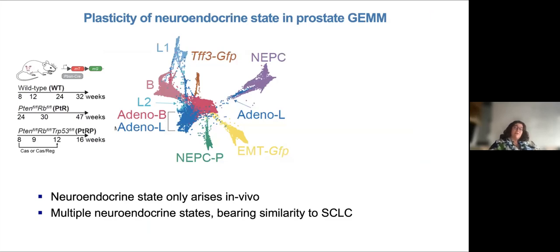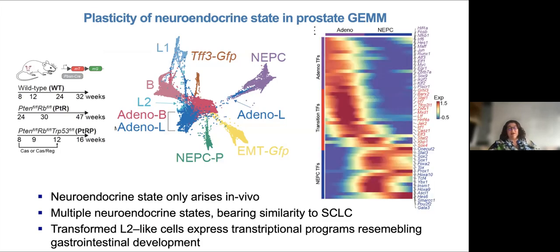Looking at the mouse to see what's going on here, we saw that the full neuroendocrine state only occurs in vivo. And we see multiple neuroendocrine states with a lot of similarity to small cell. Again, the nice thing about this sort of transitional thing is we could work out an inferred, assumed pseudotime. We see that the source seems to be these transformed luminal L2-like cells.